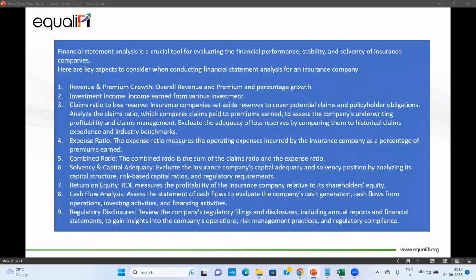Claims ratio to loss reserve, very important. Why is claims ratio to loss reserve important? Correct. So think of a situation in COVID. What about the situation in COVID for the insurance companies and for the mediclaim companies?